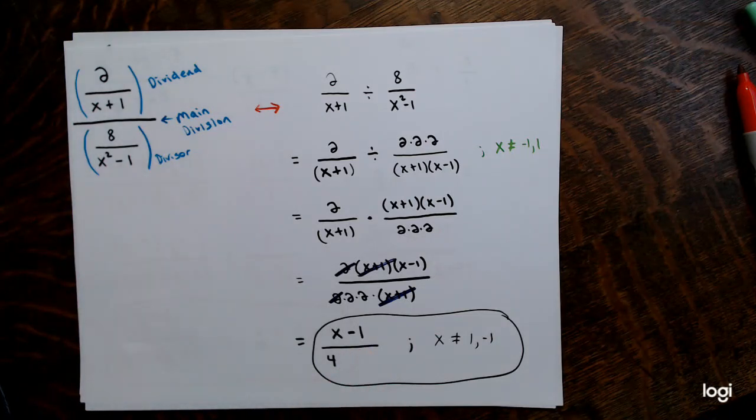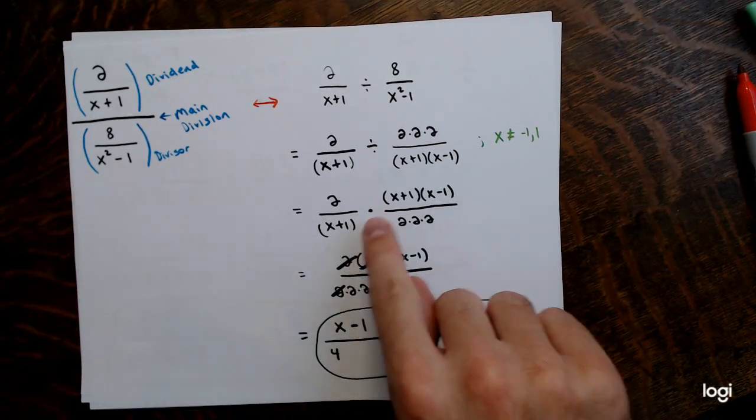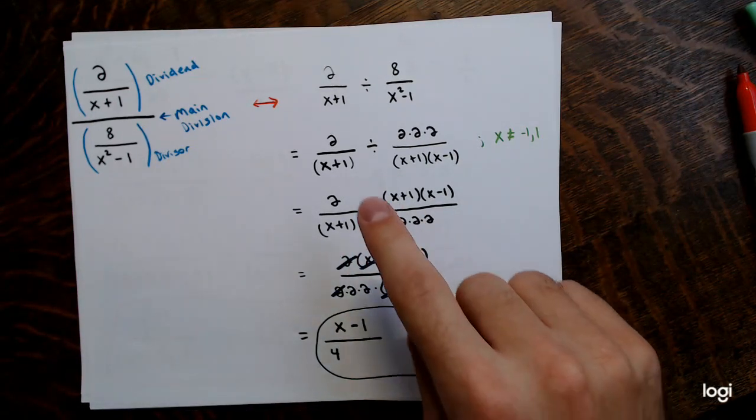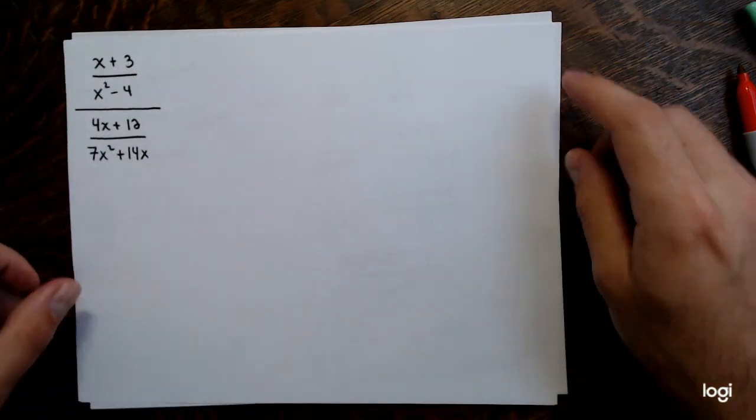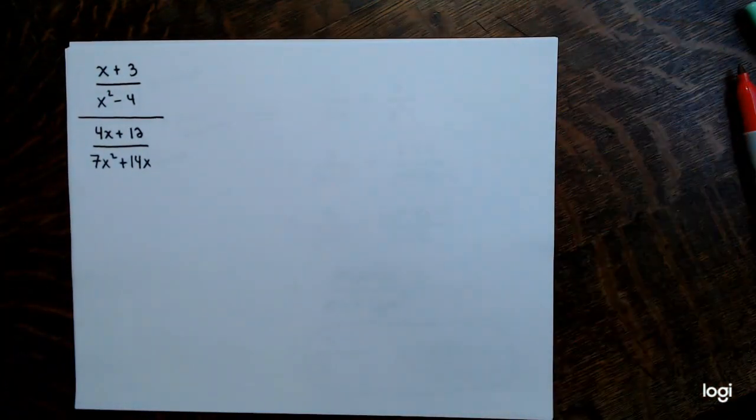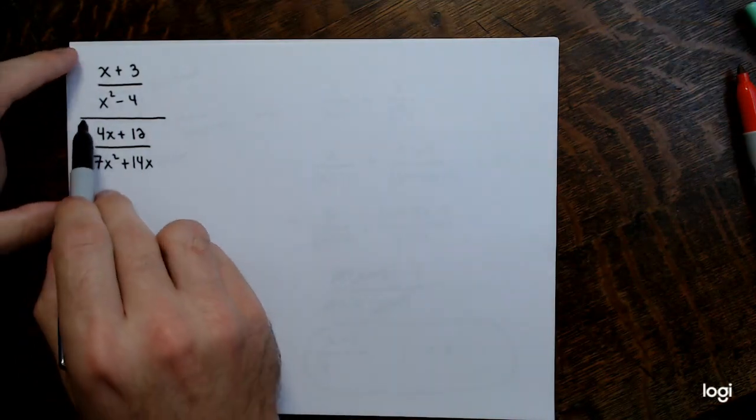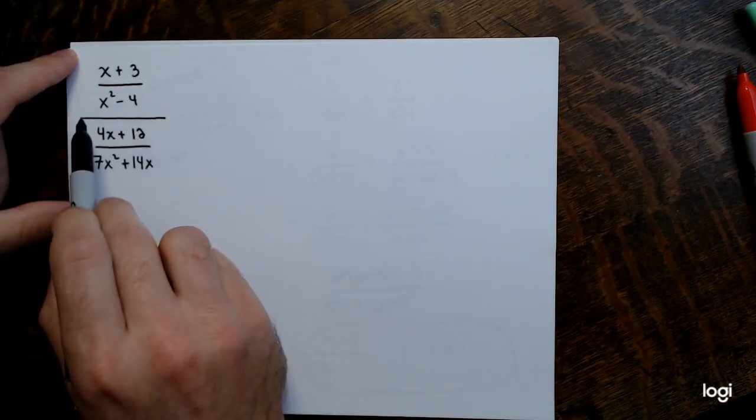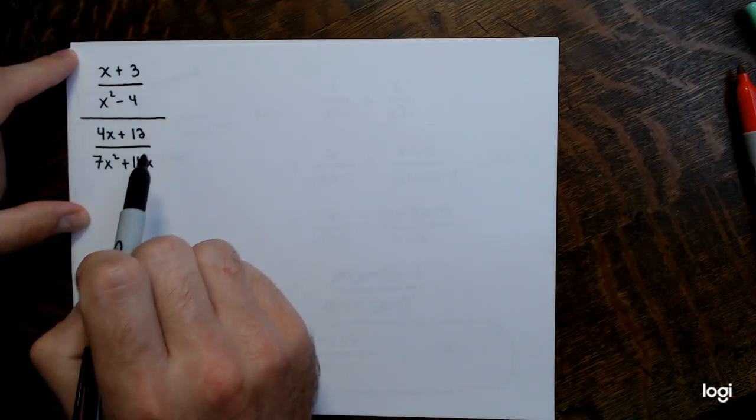All right, so I've got a couple more real quick ones. Again, I'm just doing the same stuff. Now I'm going to even skip one of these steps here. Hopefully by now you see that I'm doing this multiplication by the reciprocal deal. Here I have one where this is our main division bar, the longest one, or the thickest one, or the one in the middle.